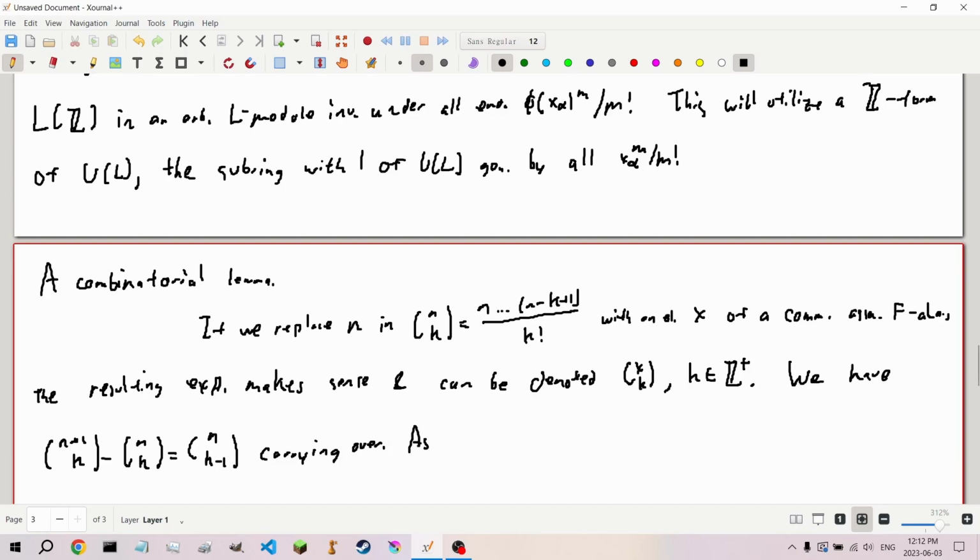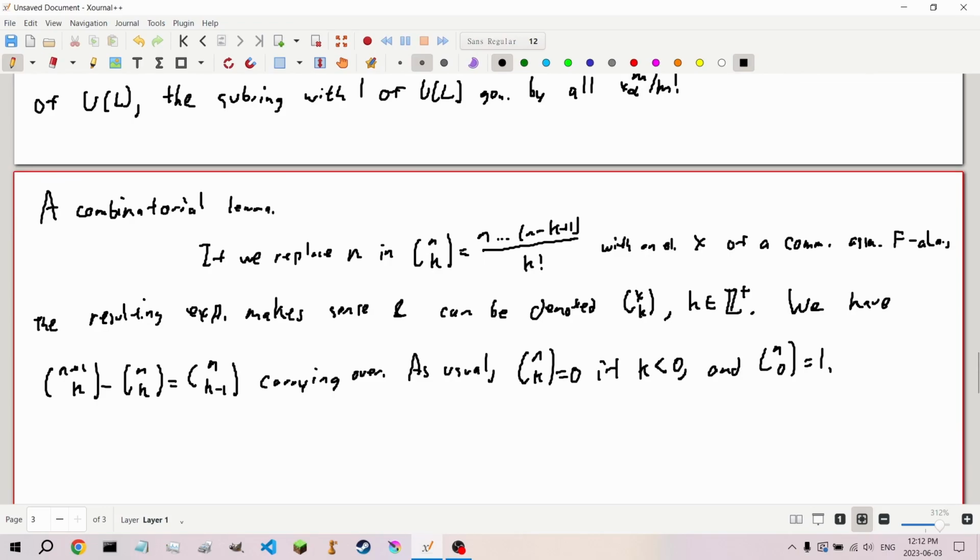As usual, n choose k is 0 if k is negative, and n choose 0 is 1.